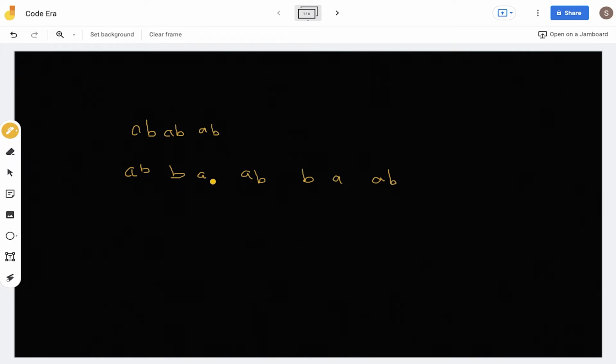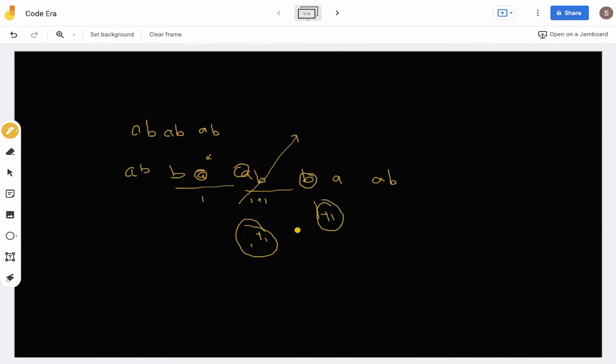So here you can see one thing: the last letter of any ith bigram, let's see here, A, is equal to the first letter of the i plus 1 bigram. So if we have removed this i plus 1 bigram, then you can see that the last letter of my ith bigram would not match with my i plus 1 bigram's first letter, that is B.